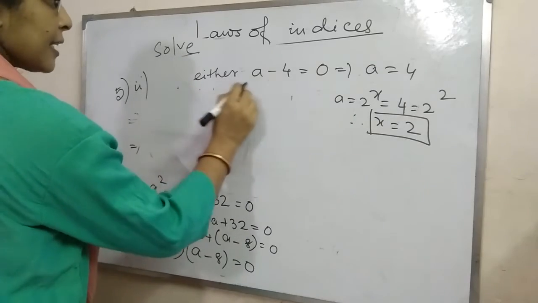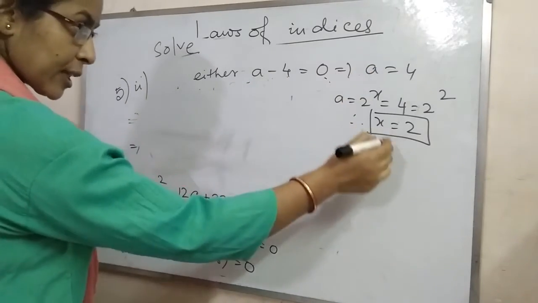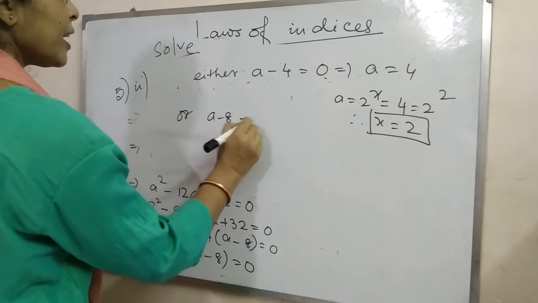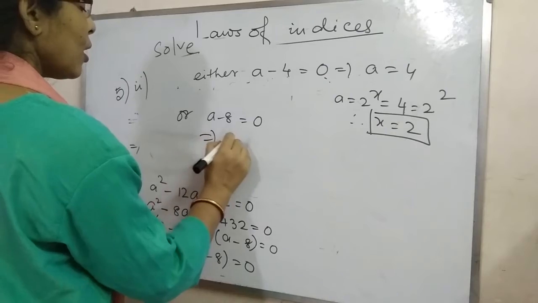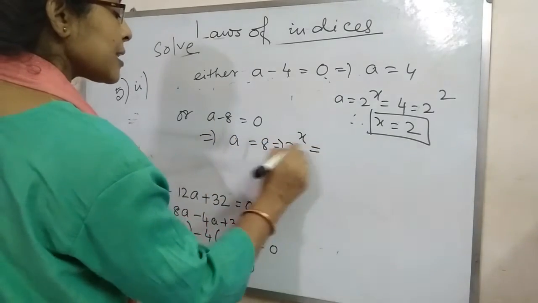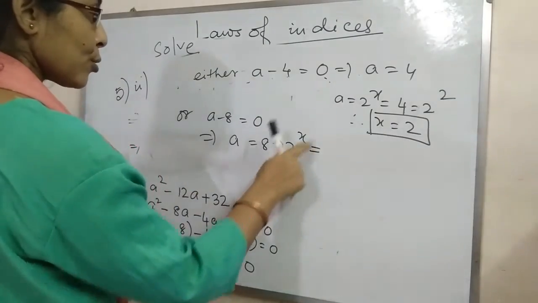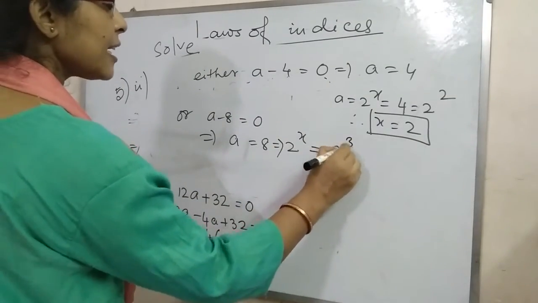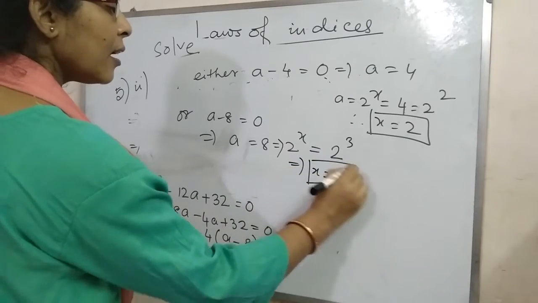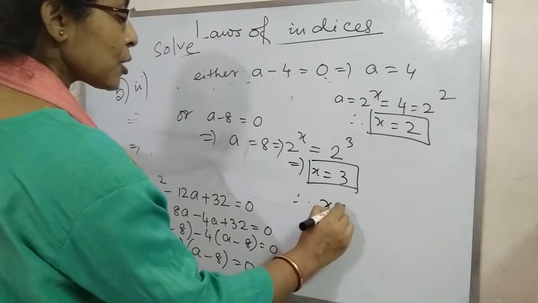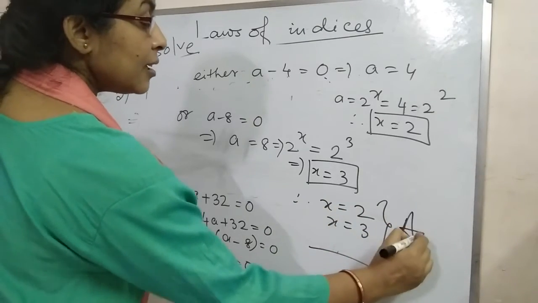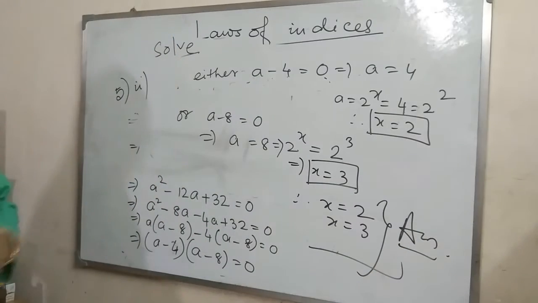Or when a minus 8 equal to 0, I will get a equal to 8, that is 2 to the power x equal to 8, and for 8 I can write 2 to the power 3, so x equal to 3. Therefore x equal to 2 and x equal to 3, this is the answer.